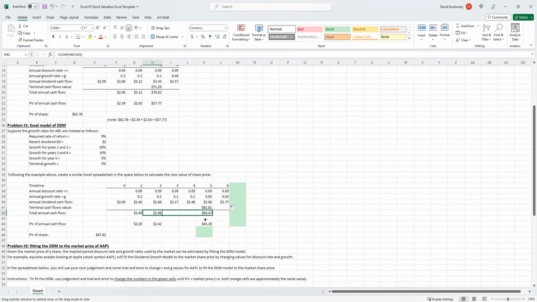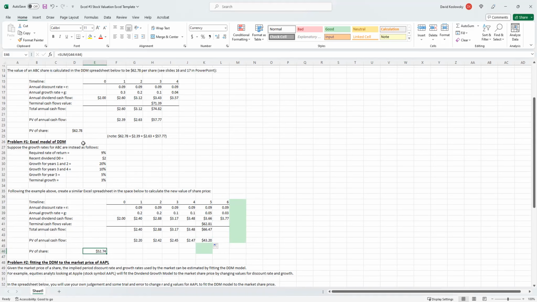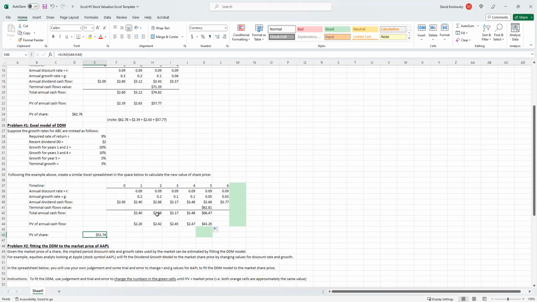But what we do is go all the way here and sum upwards to capture all of the cash flows. Then we extend again all the way. And that's it. Under this scenario, we go from 62.78 per share down to a value of 52.74, if this is the scenario that we choose. So we're done here.